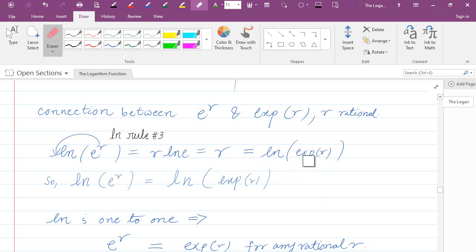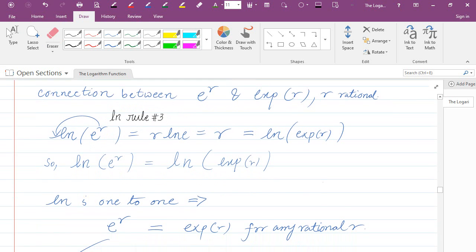So ln of e to the r is the same as ln of exp of r when r is a rational number. Remember rule number 3, previously stated for only rational exponents. Because ln is a one-to-one function, these two inputs are the same. So e to the r and exp of r are equal.